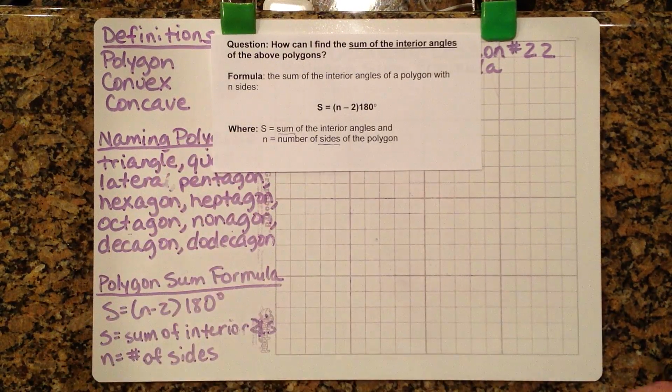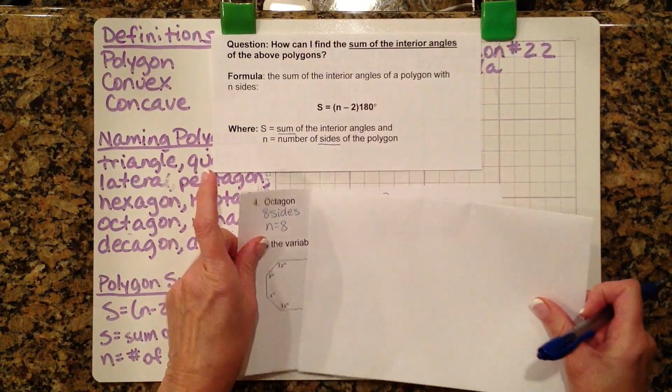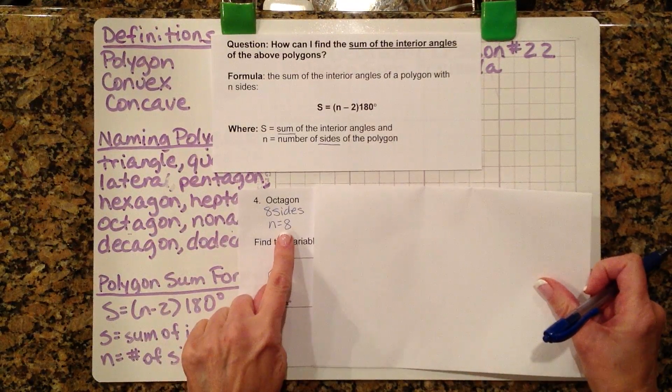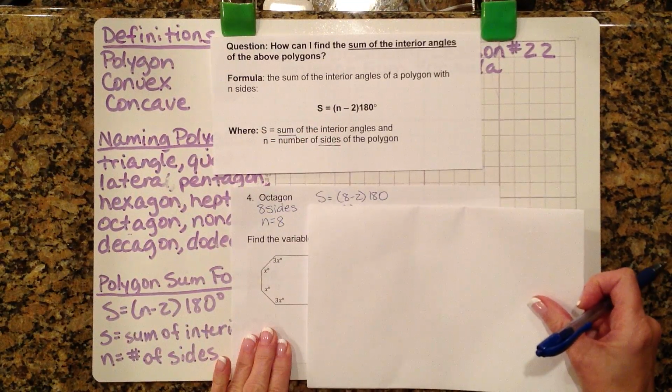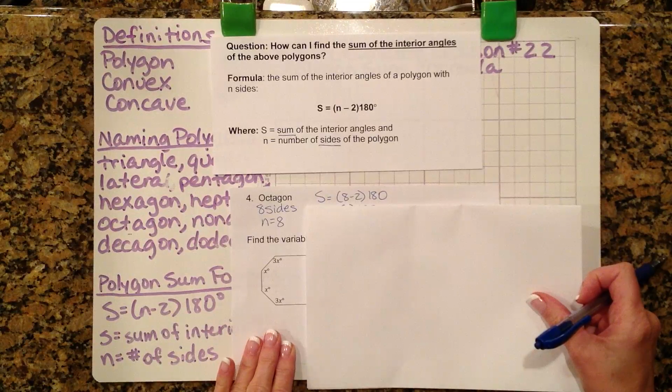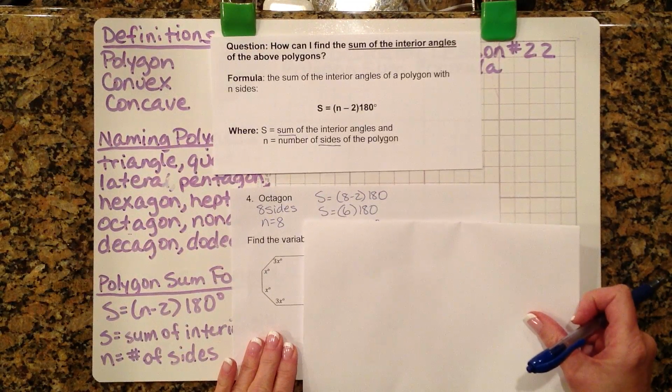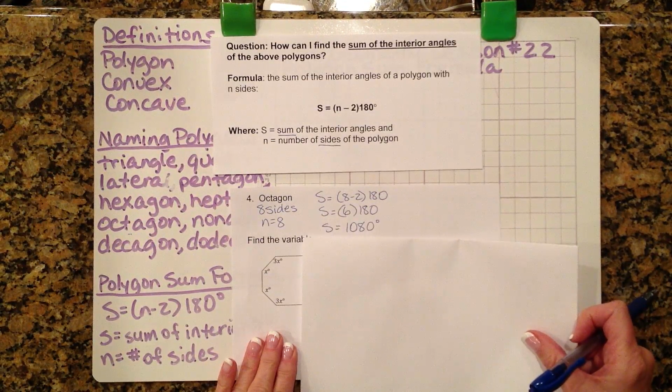Okay, this is our last example. Let's do an octagon. How many sides is an octagon? Think of an octopus. It's 8 sides. So n is 8. So I'm going to put an 8 right here. Okay, set it up. And I get 6 times 180, and I get 1080.